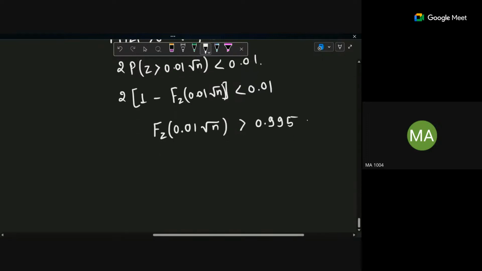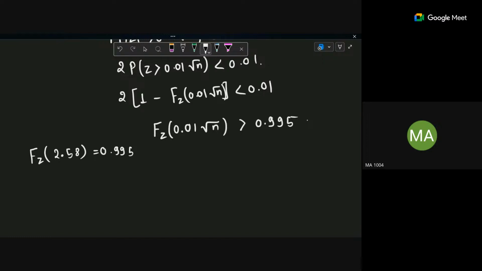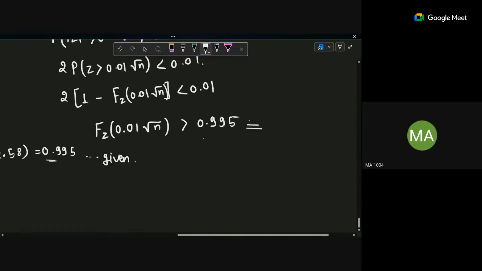Now in the question it was given that Fz of 2.58 is equal to 0.995. It is given, okay? That means I can write it.